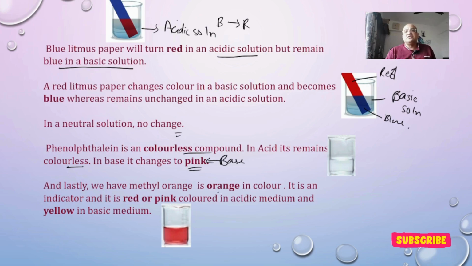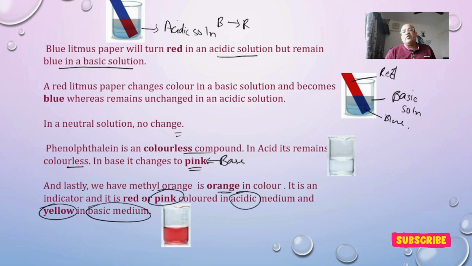Methyl orange, you know, is orange in color. It is an indicator, and it is red or pink in acidic medium, and it changes to yellow color in basic medium. Red or pink in acidic medium, yellow in the basic medium.